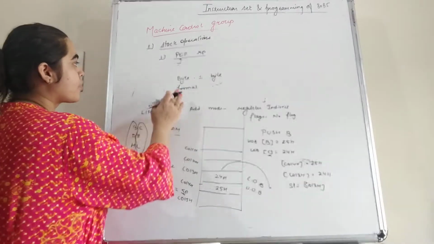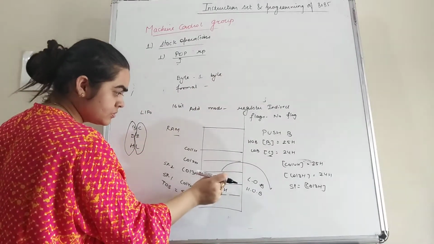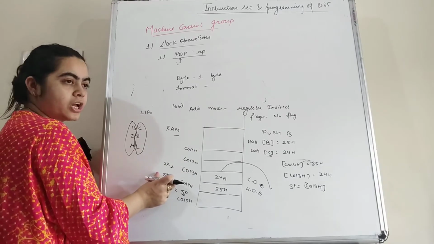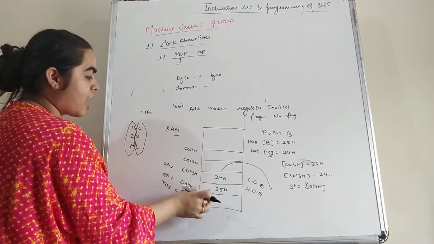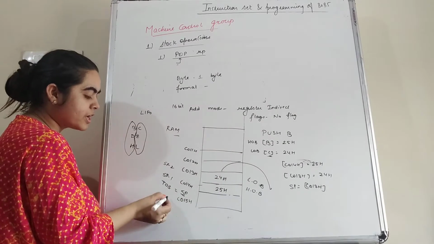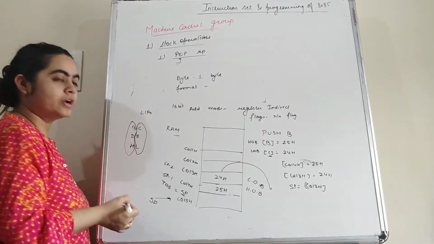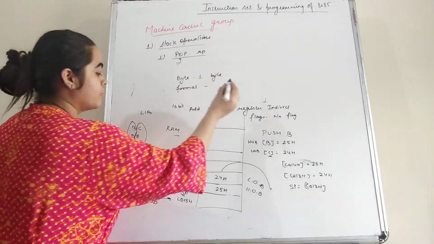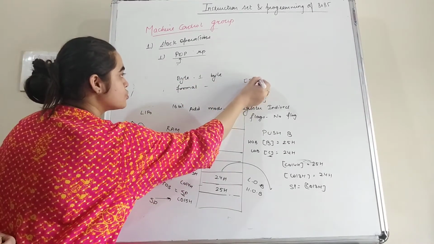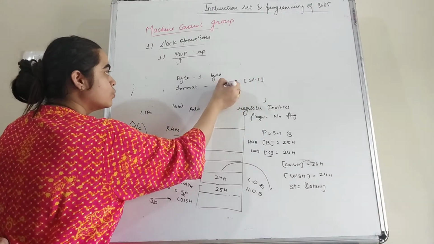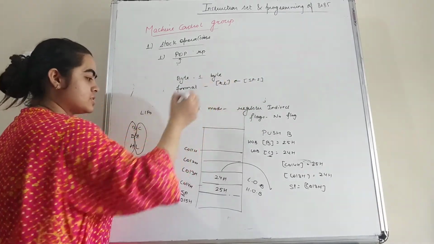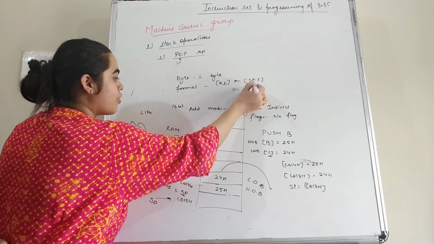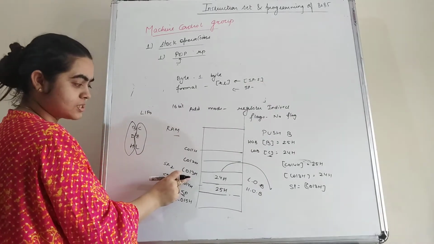So according to the format, we pop SP minus 2 first, and after popping this we pop SP minus 1, and after popping these two values, the current position of the stack pointer is C015H. So what will be the format? The value at SP minus 2 goes into the lower order byte of the register pair.